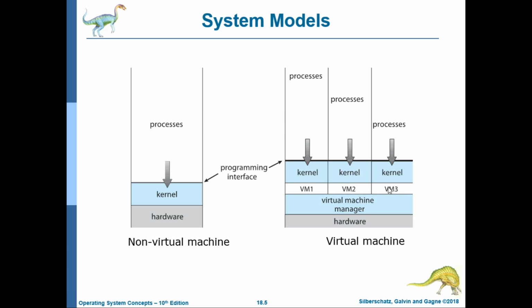It's like a typical application program that also occupies space. And then, of course, if you run your virtual machine, it will have its own kernel, and its own sets of processes.